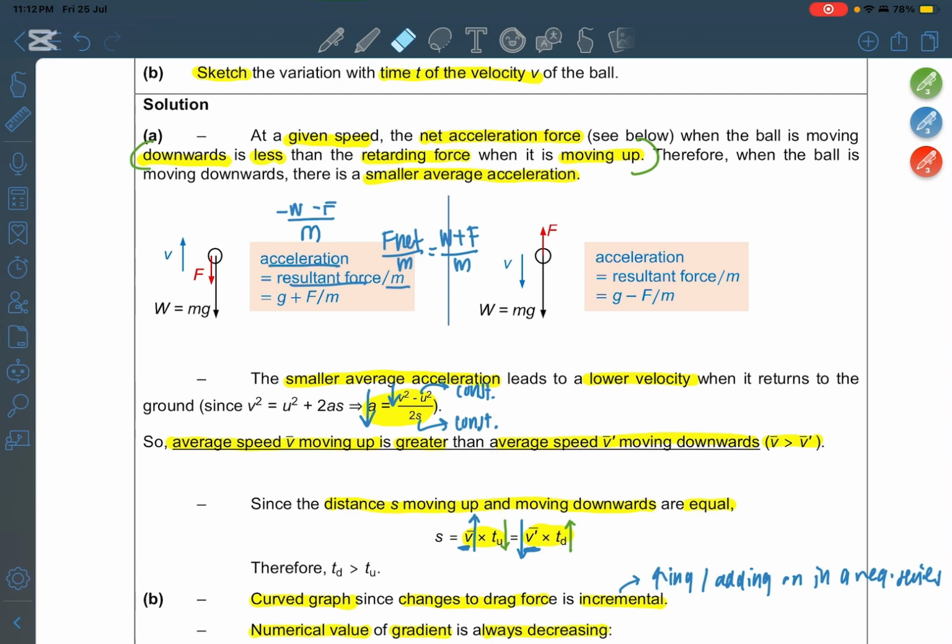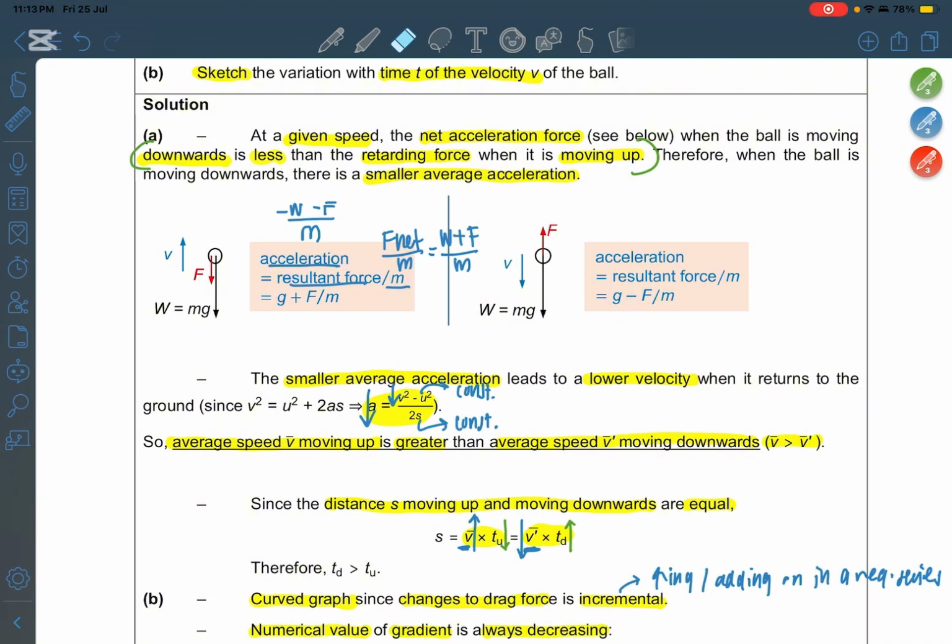And so the resultant downward force, which is gravity minus the opposing air resistance, as the ball falls, it will speed up. So imagine the ball falling down, you notice it speeds up because the air resistance is going to keep increasing and increasing as it falls down.